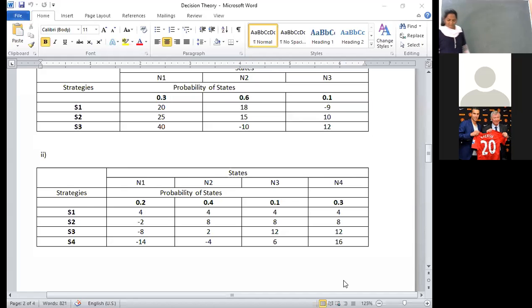Then, what is the formula for expected monetary value?